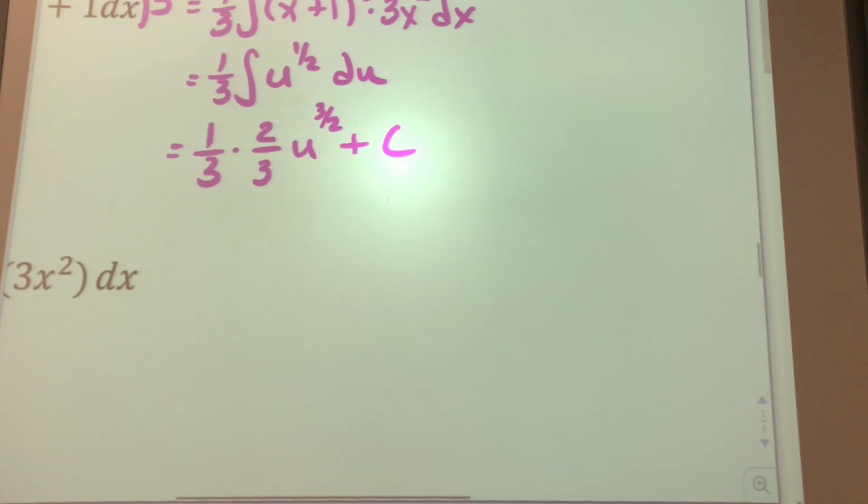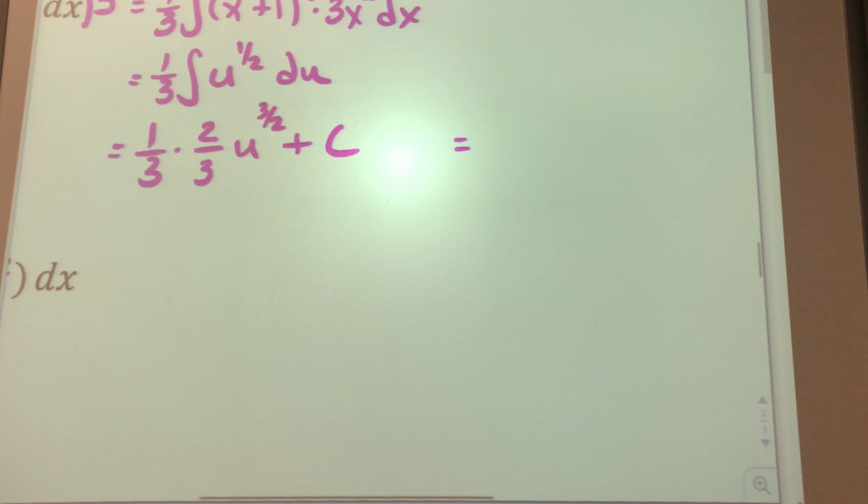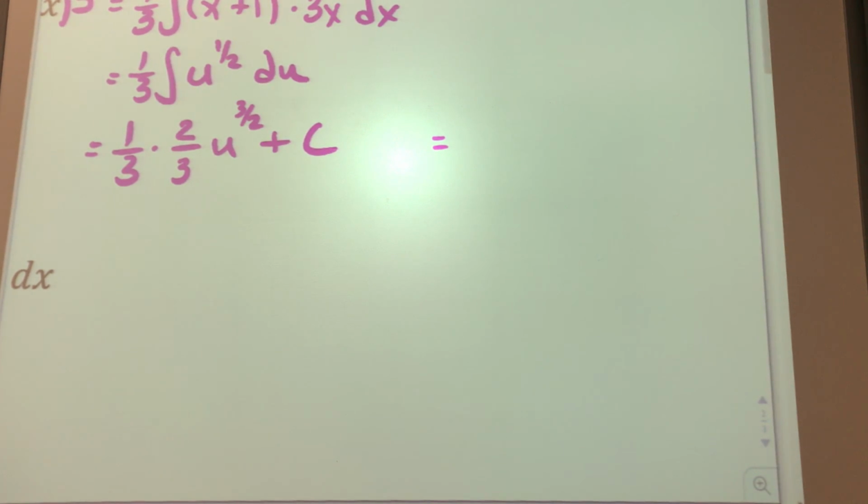Alright, and then finally, we can go ahead and multiply the 2 fractions together and replace u with what it is. And that should be it.